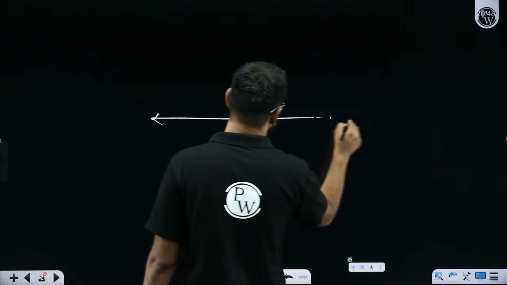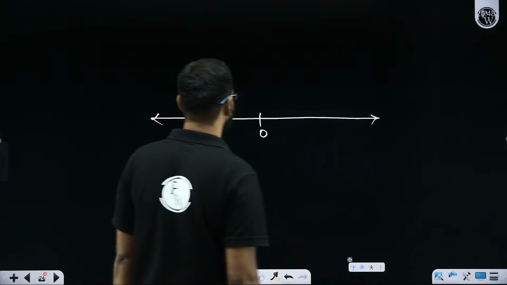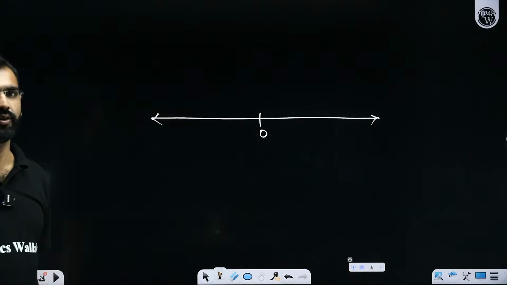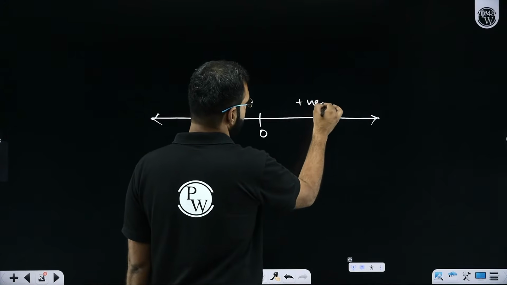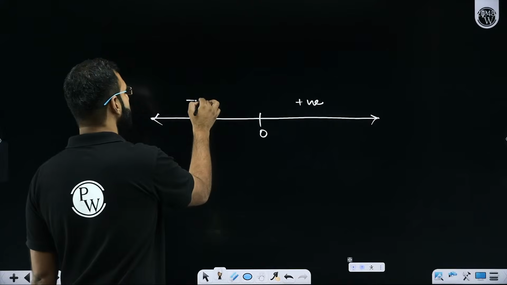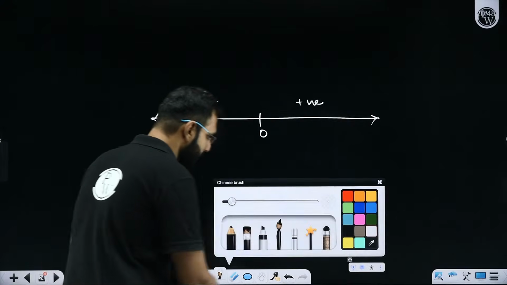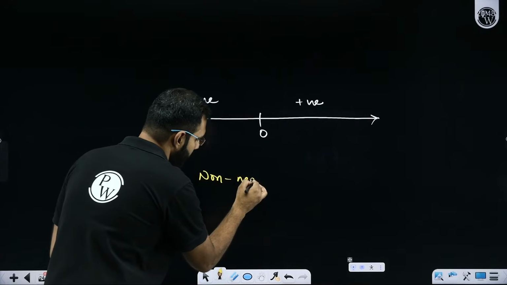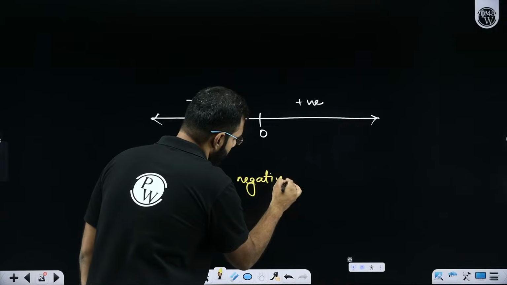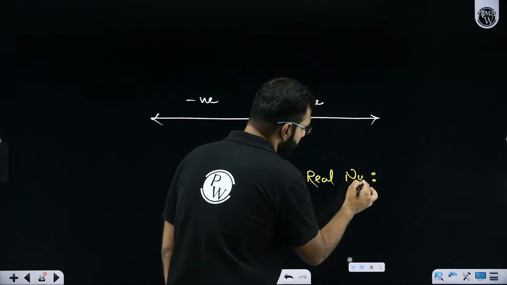Let's say this is the number scale. So this is 0. These are all positive numbers on the right of 0. On the left of 0, these are all negative real numbers. So if I say that I am talking about non-negative real numbers, what am I saying here?